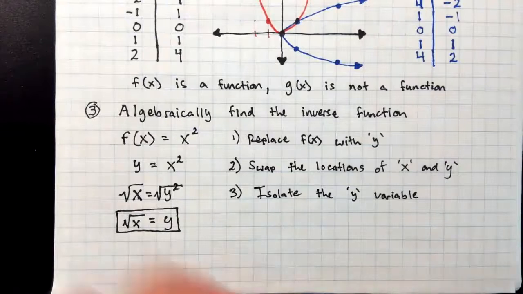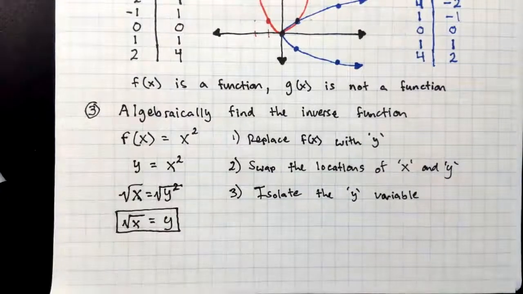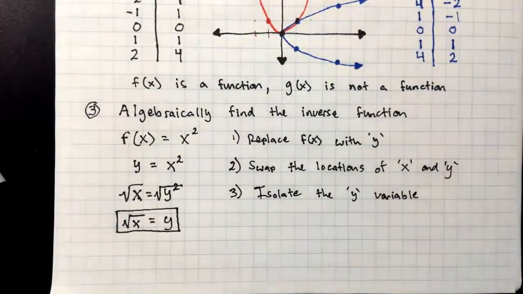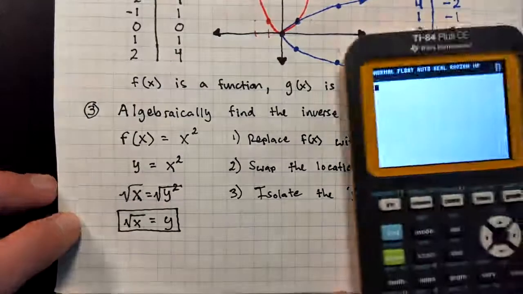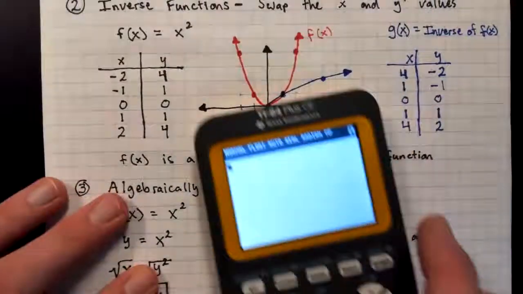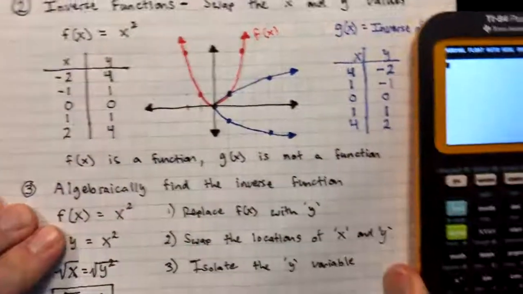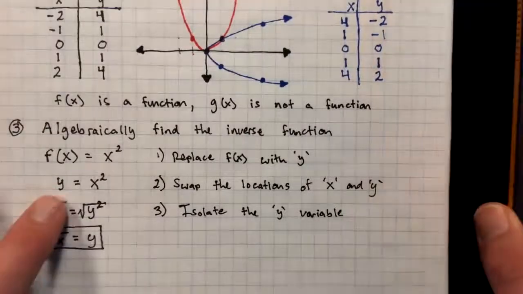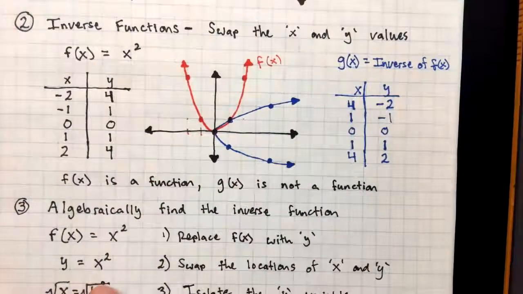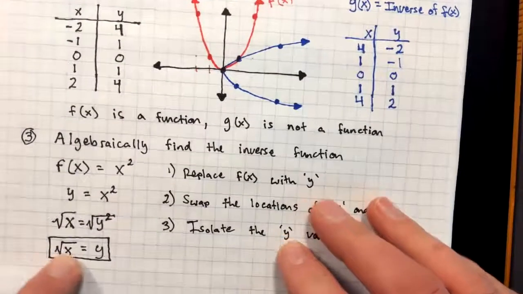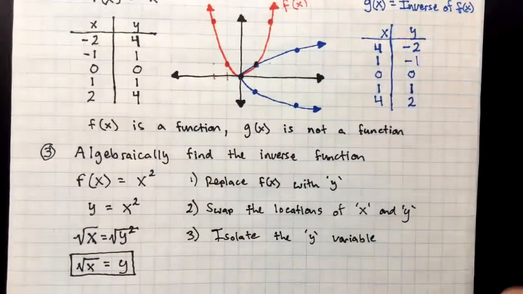So I think we're just going to stop there. I think that's probably good enough for one day. I don't want to make this video too long. Just one thing to keep in mind: we started with x squared and we created the square root of x by inverting. And you can check that it's true.